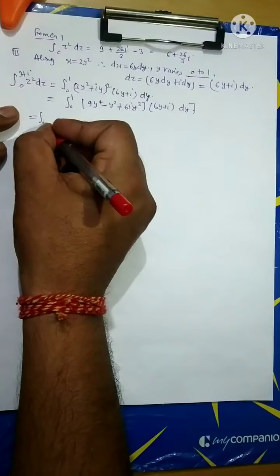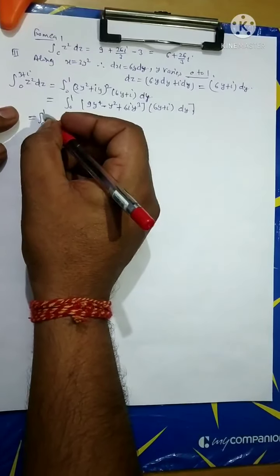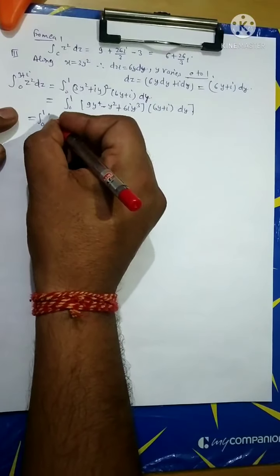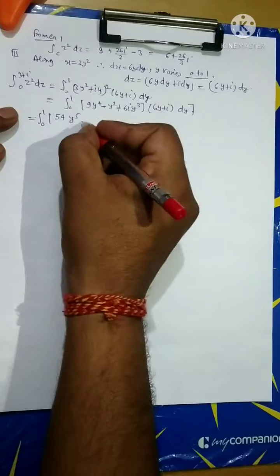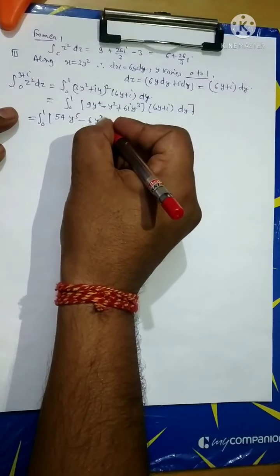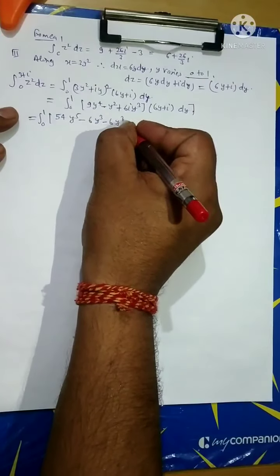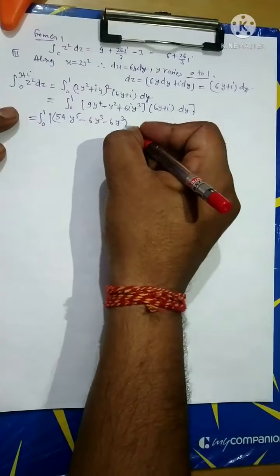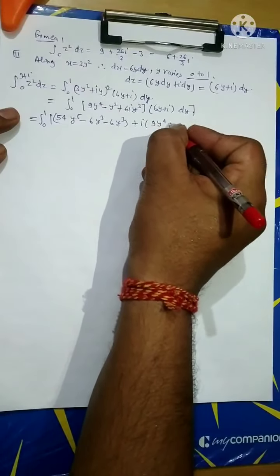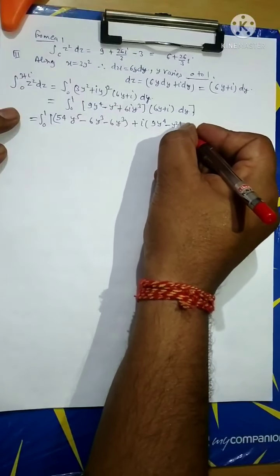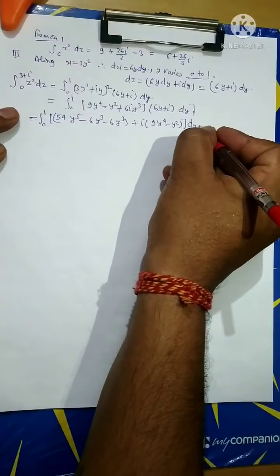Now multiplied up, we get 54y to the power 5 minus 6y to the power 3 minus 6y to the power 3. This is the real part. Now the imaginary part, 9y to the power 4 minus y square dy.